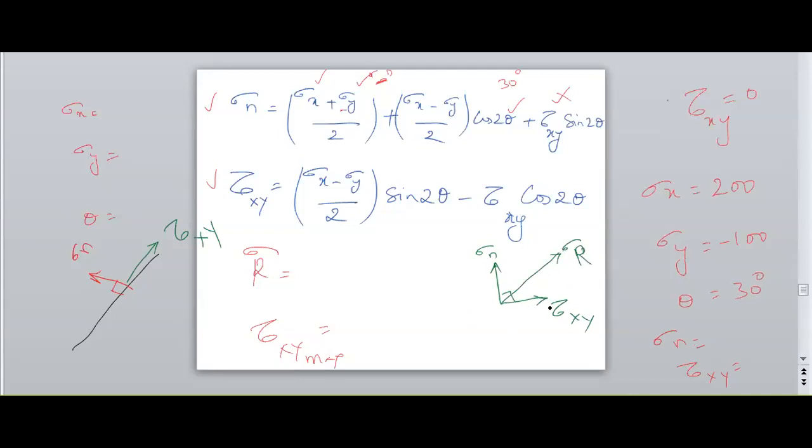How to find it? Using the vector formula, the resultant stress is the root of normal stress whole square plus shear stress whole square.